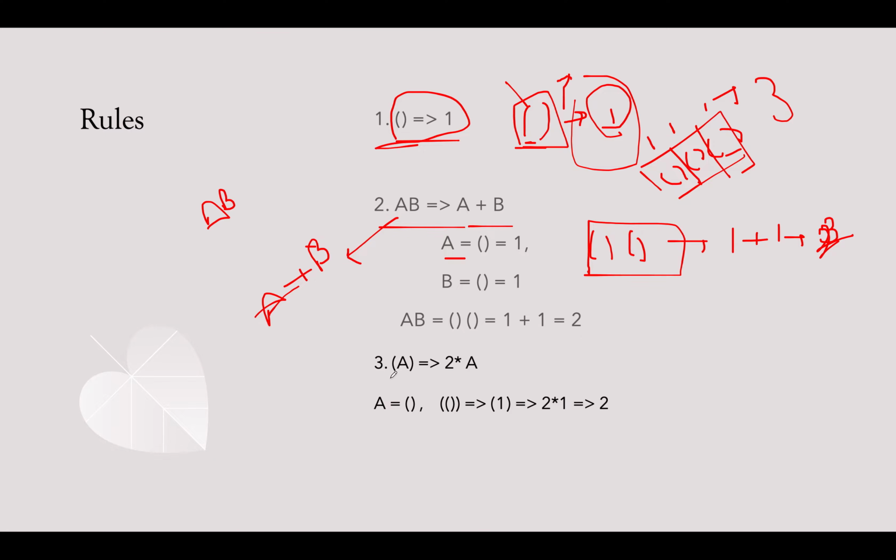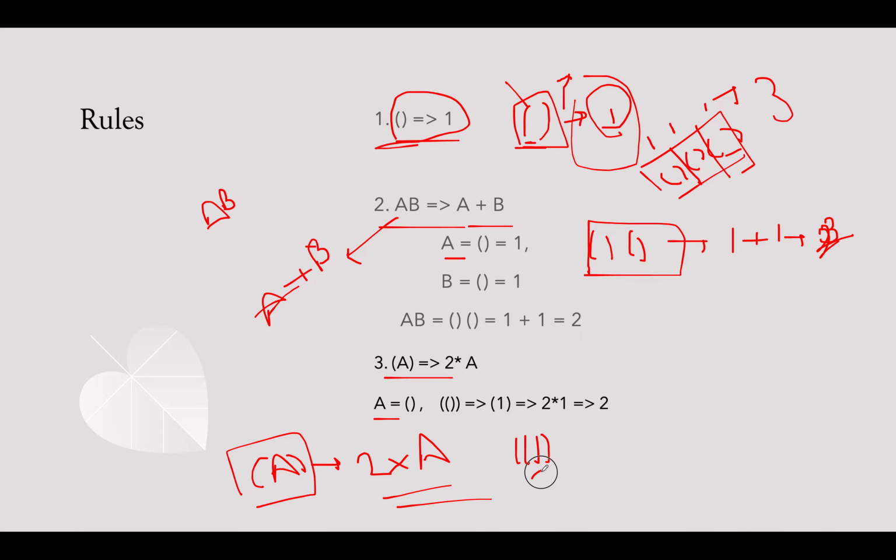Let's look at the third example. Whenever a substring is enclosed by an opening and a closing parenthesis, the overall score becomes 2 times the score of the inner string, 2A. In this case, if A is the simple base case, an opening and closing bracket, the score of the inner balanced string is 1, and enclosing it in another pair of brackets makes the score 2 times 1, which is 2.